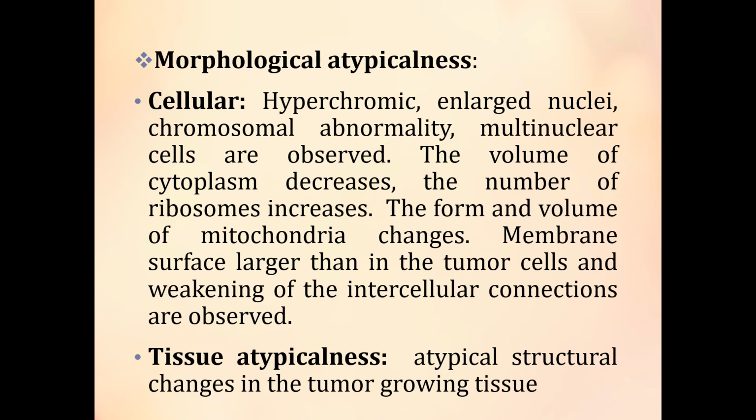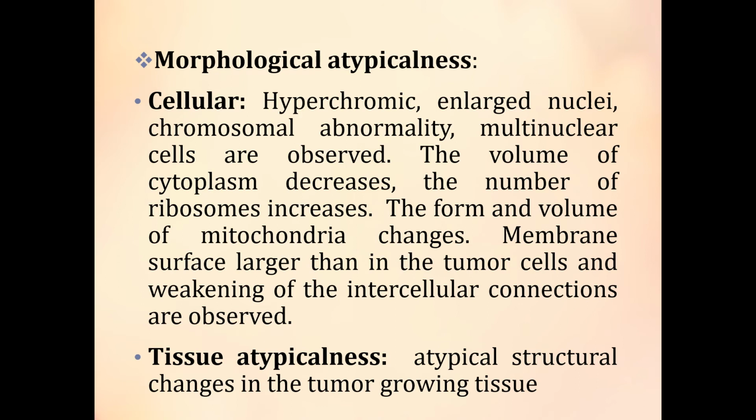Multinucleated cells form, the relative volume of the cytoplasm decreases, the number of ribosomes increases, the shape and size of mitochondria change, and the activity of cytochrome oxidase in the mitochondria decreases. In tumor cells, the membrane surface is relatively larger, and intercellular connections are weak.